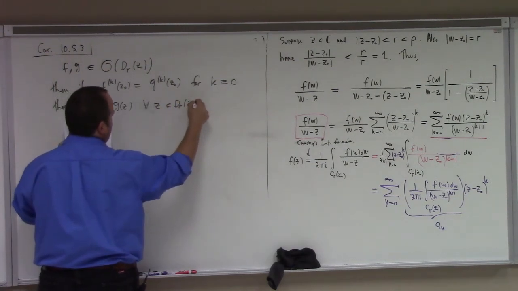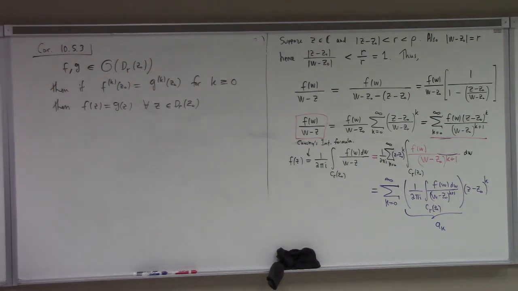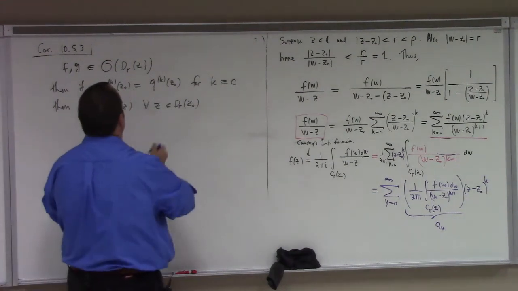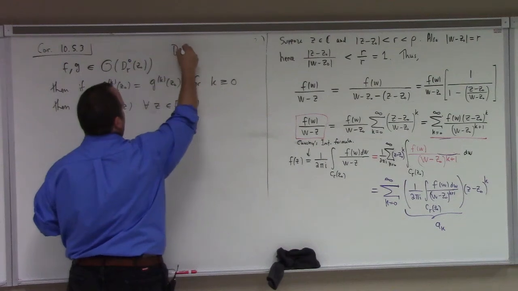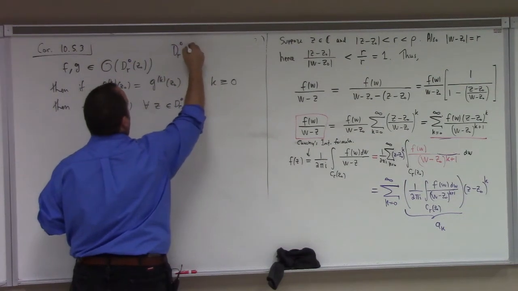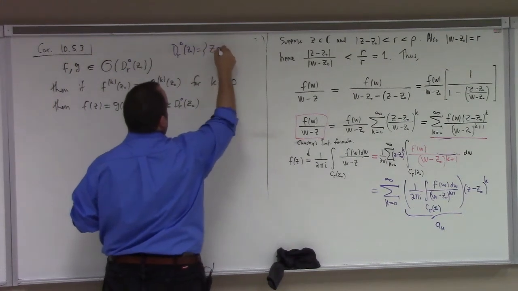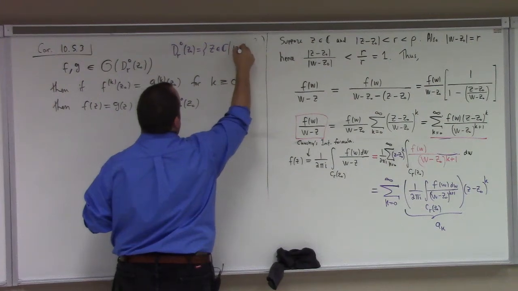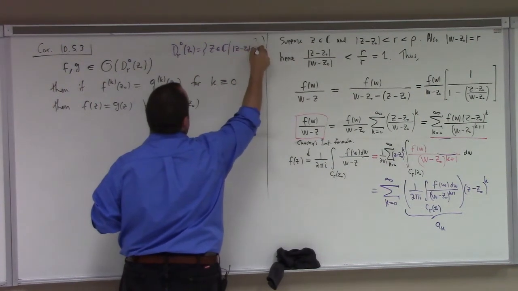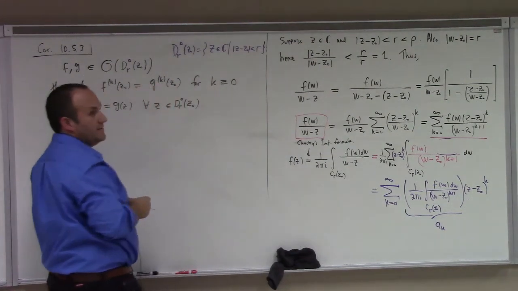It's driving me nuts to not have a notation. Let's put an O for open, if you don't mind. So let's say D_r^o of z naught will be z in the complexes such that the modulus of z minus z naught is less than r. Without the O, I include equality for the r.